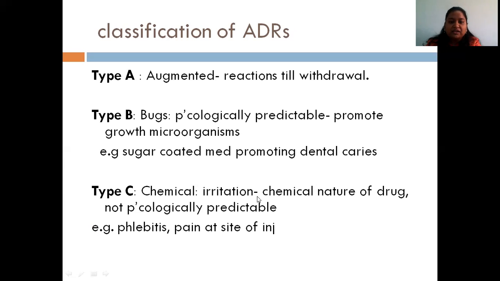Type C is the chemical irritations, reactions produced chemically, where the chemical nature of the drug produces the irritation, which is a chemical pharmacological action. It is not pharmacologically predictable, because these chemical reactions can occur only in a particular group of patients who have very sensitive skin or a sensitive pharmacological process.